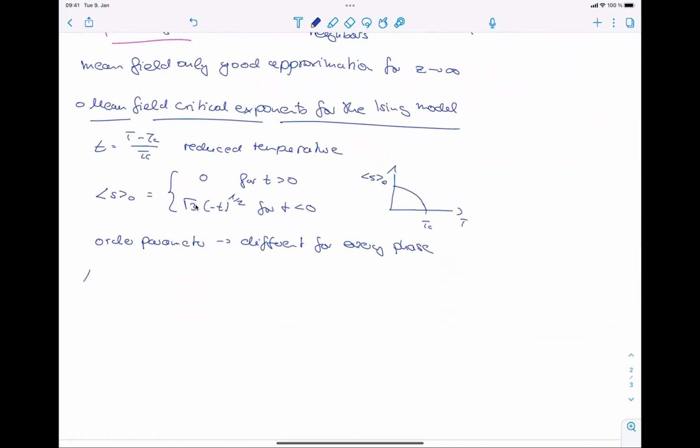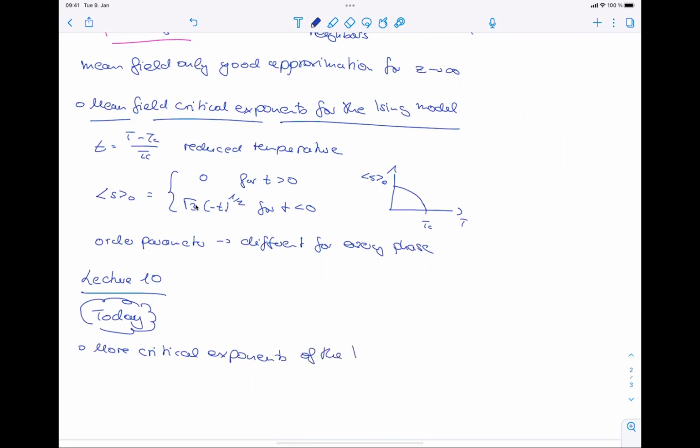And now if we go forward with the content of today's lecture 10, we will continue with mean field theory and do more critical exponents for the Ising model.